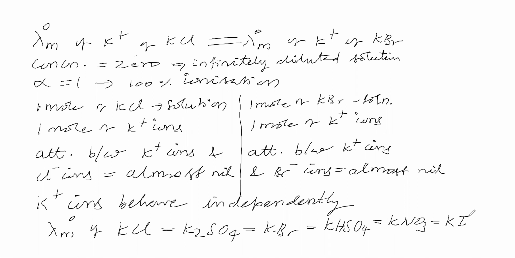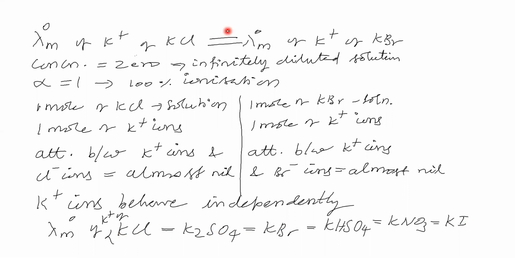So we are coming to the conclusion that lambda m naught of K plus of KCl, K2SO4, KBr, KHSO4, KNO3, whatever the electrolytic solution you take, lambda m naught of K plus in all the solutions is equal.